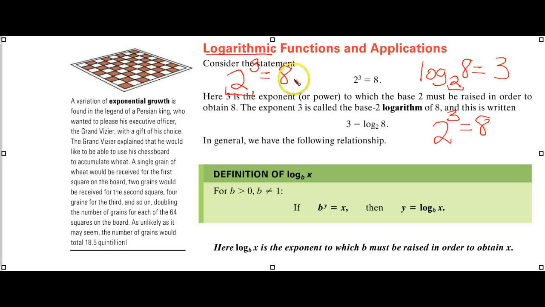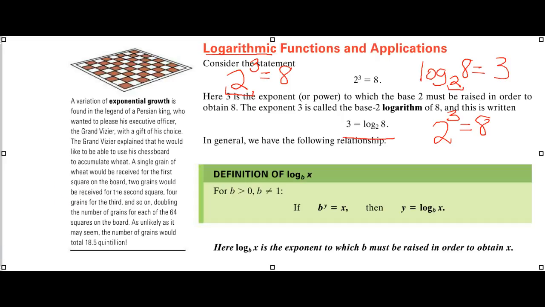So this is the exponential form, this is the logarithmic form, and that's what they're introducing here. So the exponential form is this, the logarithmic form is this. So where y is the exponent, b is our base, and x is our answer.